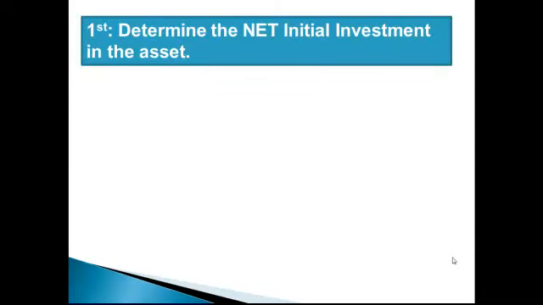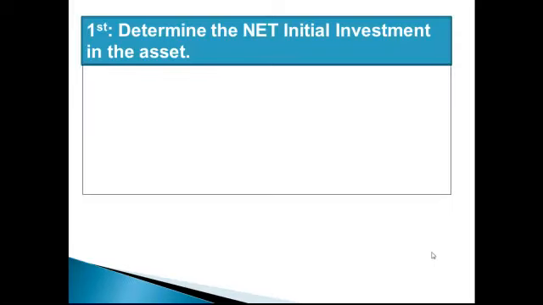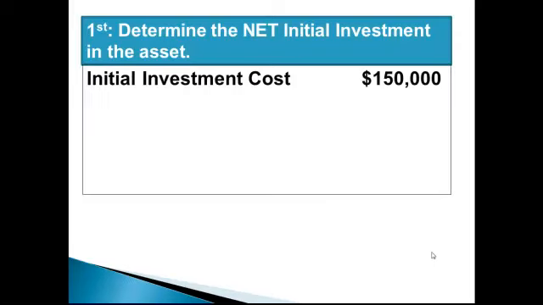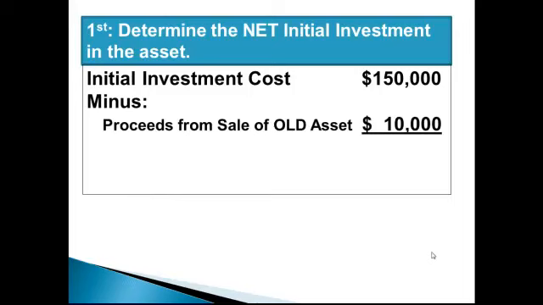All right, so first we need to determine the net initial investment in the asset. And we know to buy the espresso bar, it's initially going to cost $150,000. But we're going to sell the old vending machines.